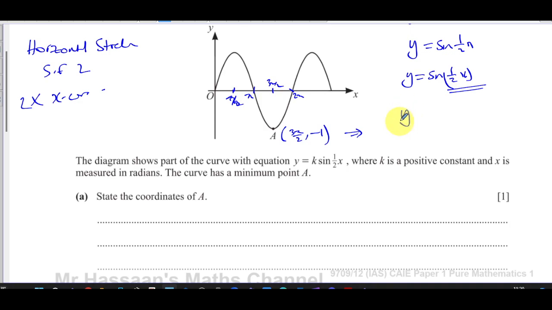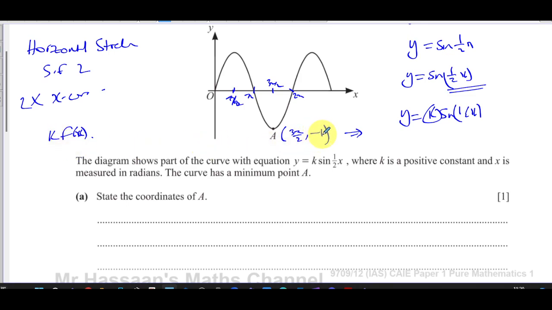We've got y equals k times sine of a half of x. The k part is k multiplying the whole function, like k times f of x, so it affects only the y coordinate. The y coordinate is going to be multiplied by k.